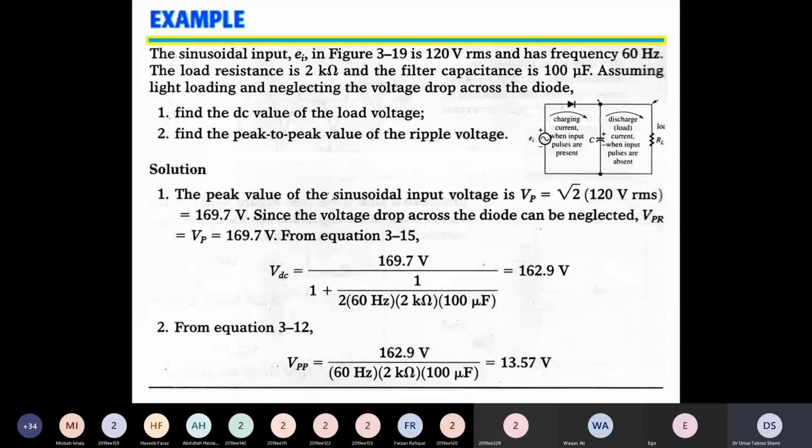And then the peak to peak value of the ripple voltage. How do we find the ripple voltage?